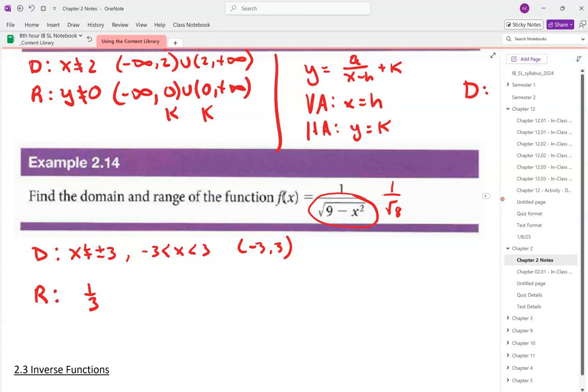Now, 1 over the square root of 8, is that bigger or less than 1/3? It's bigger. If the smaller number's in the denominator, that's a bigger fraction, right? 1/2 is bigger than 1/3. So is 1/3 the bottom or the top of the range? Bottom.